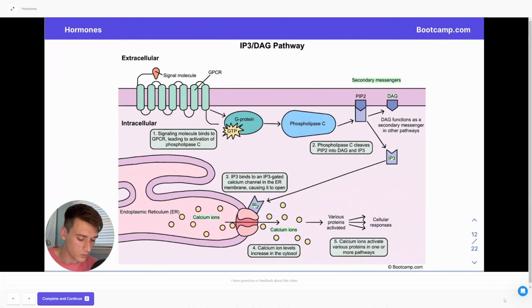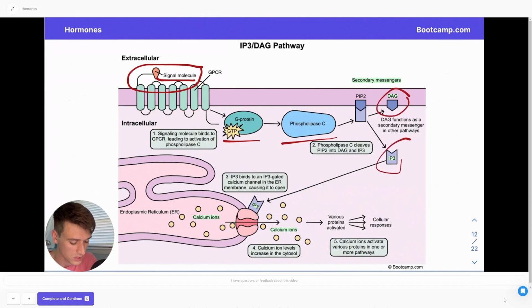We're just starting with one little interaction over here, and our signal molecule doesn't even enter the cell, which is the most amazing part. With this pathway, we are able to turn one interaction on the outside of the cell into an activated protein inside, an activated enzyme, the creation of two secondary messengers, and the release of all of these ions that are going to go on to affect a whole bunch of different pathways.